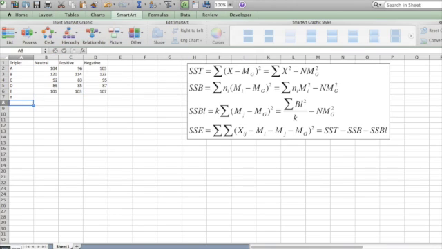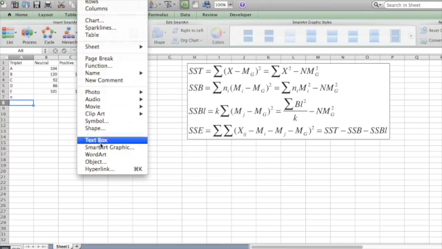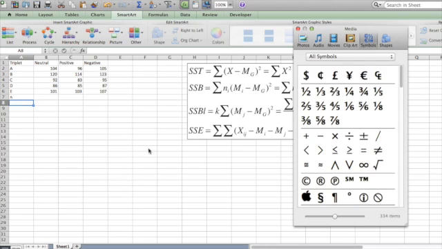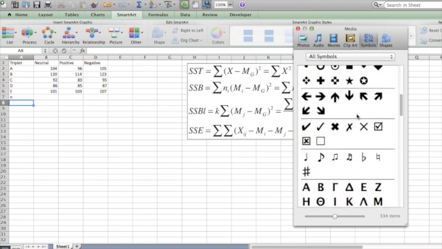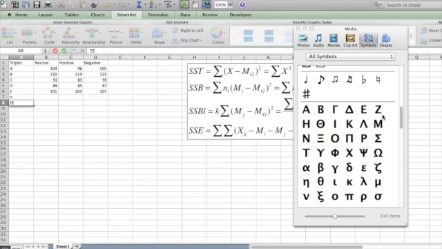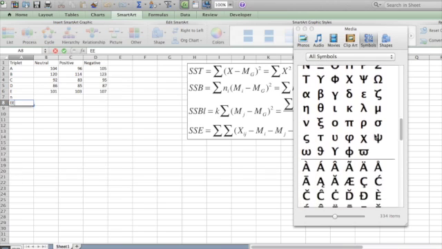So I'm going to go ahead and add in some descriptive measures like N, the sum of the x's squared, the mean, the sum of squares, and the variance. As I mess around here with some symbols, I'll try to find a sigma to put in there. So where's sigma?